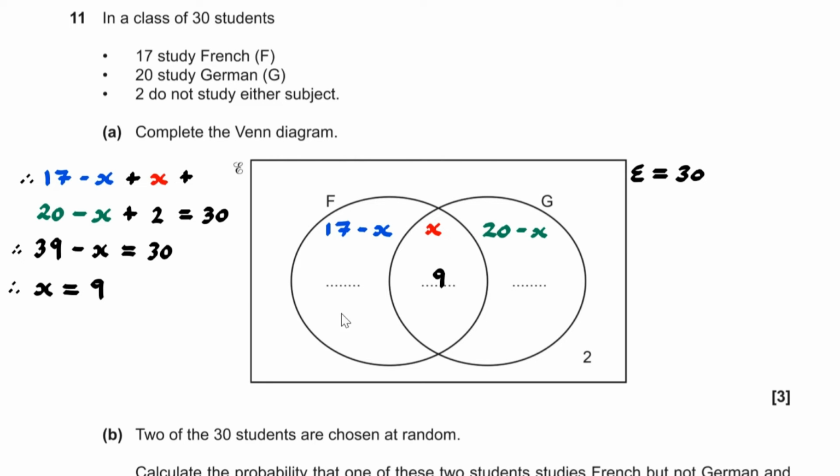So we've got 9 over here. 17 subtract 9 is 8. 8 goes here. 20 subtract 9 is 11. 11 goes here. We have now completed the Venn diagram.